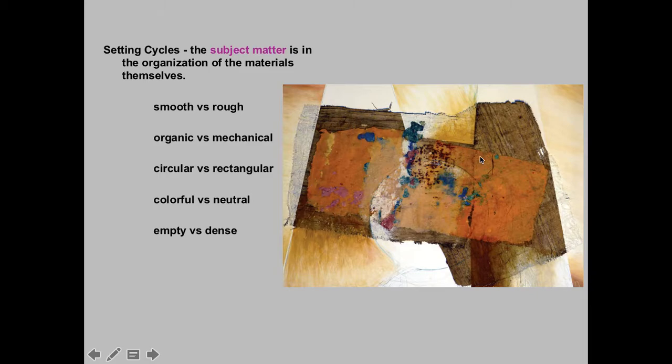And then there's actually a rectangle here within that flowing edge. Circular versus rectangular is another one. Colorful, look at all this bright, saturated, or we also call these high intensity colors, versus these lower intensity colors of beige and brown, and those are also called neutrals, okay? Empty versus dense.